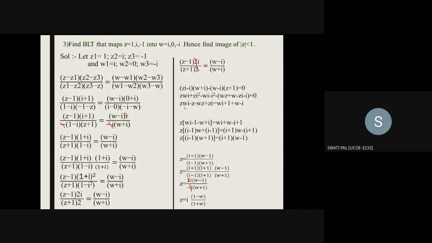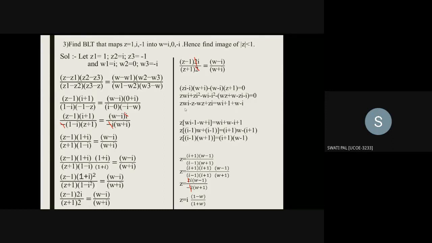After this, by putting the value of i square and taking all the terms of z on the left hand side and other terms on the right hand side, we get zwi - z - wz + zi equals wi + 1 + w - i.